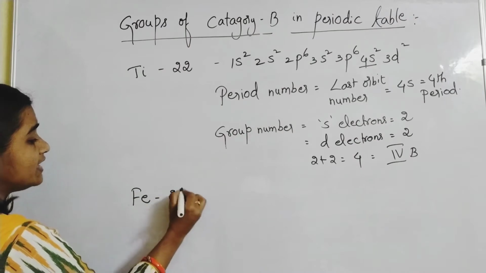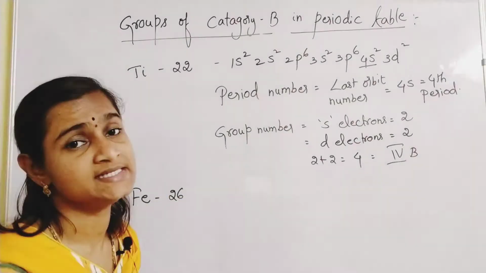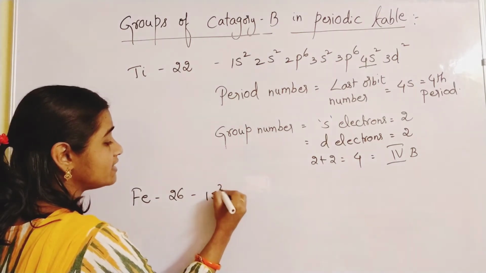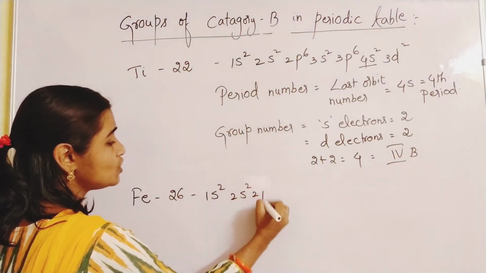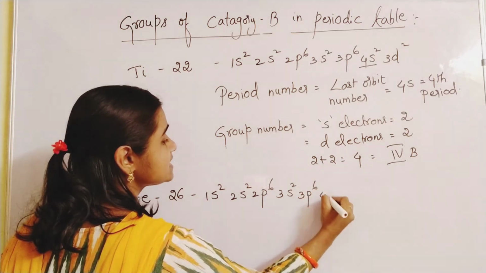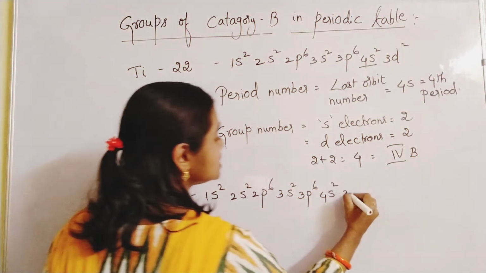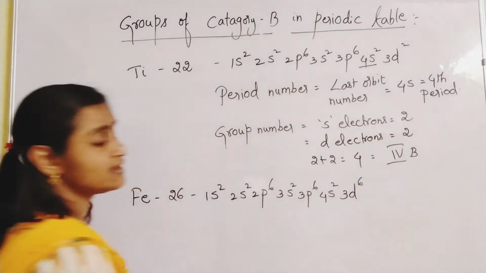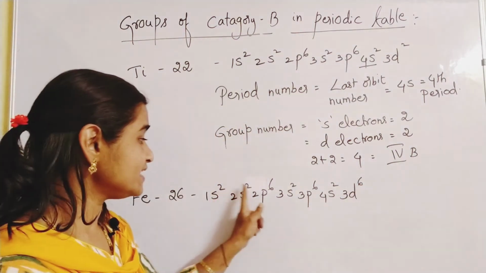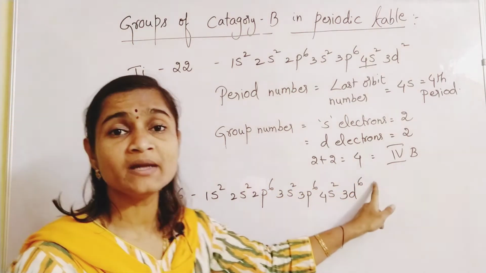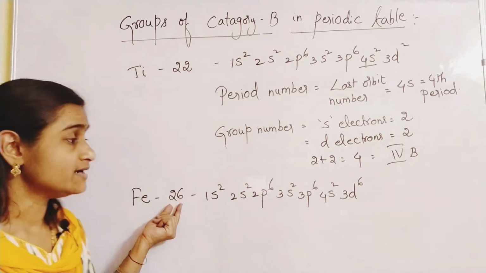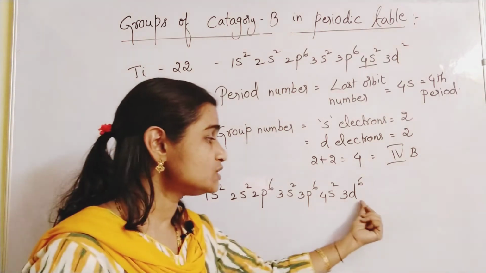Atomic number is 26. So the electronic configuration for iron is 1s2, 2s2, 2p6, 3s2, 3p6, 4s2, 3d6. If you add all these top numbers, you will get the atomic number.